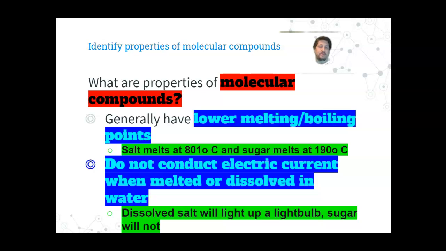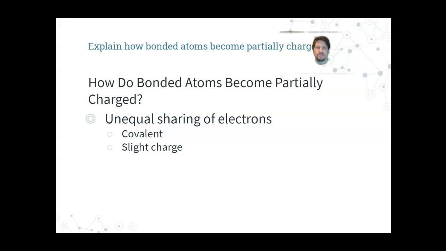If we were in the classroom, I would show you an example of a light bulb. I could put a beaker full of water, have a special light bulb, and demonstrate that it conducts electricity where just plain water doesn't. Or sugar in the water would not conduct electricity. So molecular compounds are basically the opposite of ionic compound properties.